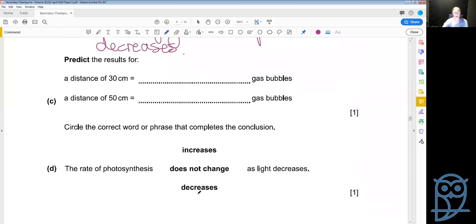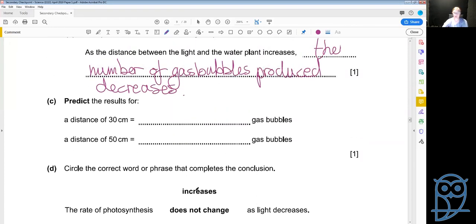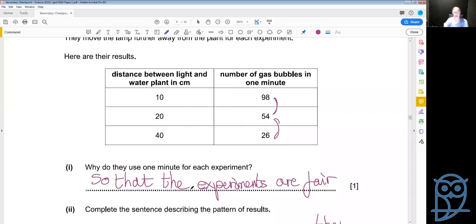Okay. Predict the results for a distance of 30 centimeters and a distance of 50 centimeters. So 30 centimeters is somewhere in between here, and 50 centimeters is somewhere after here. So they will mark it correct as long as it's between these 2 numbers. So just pick somewhere in the middle. I'll say about 35, 40.